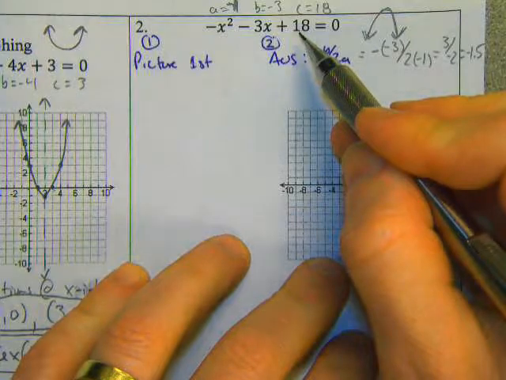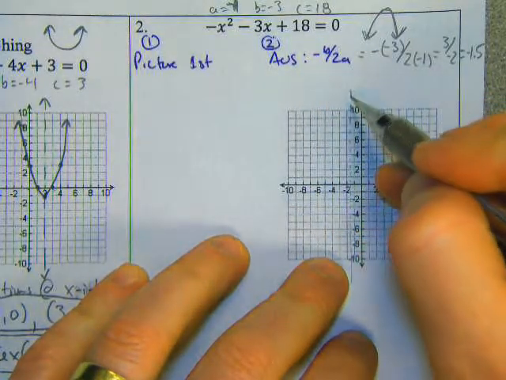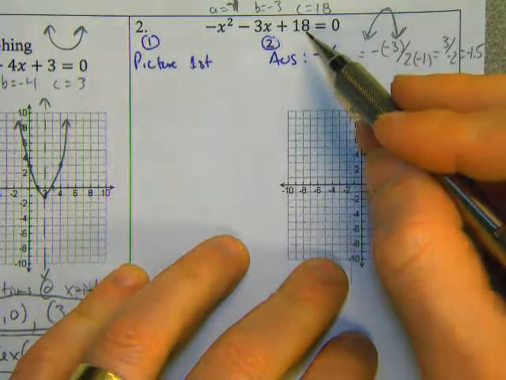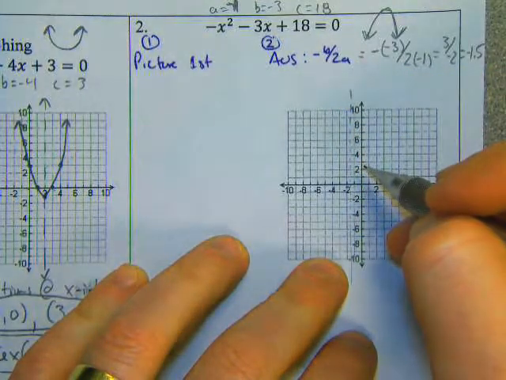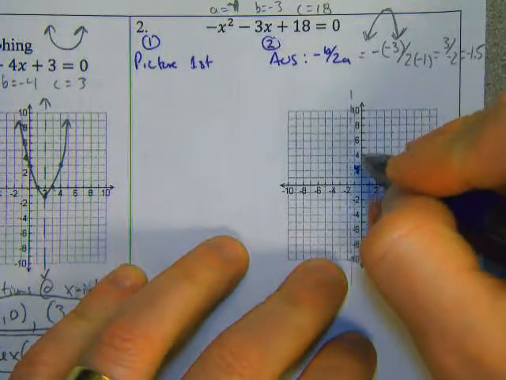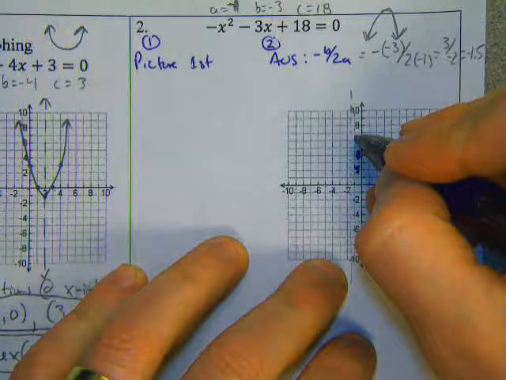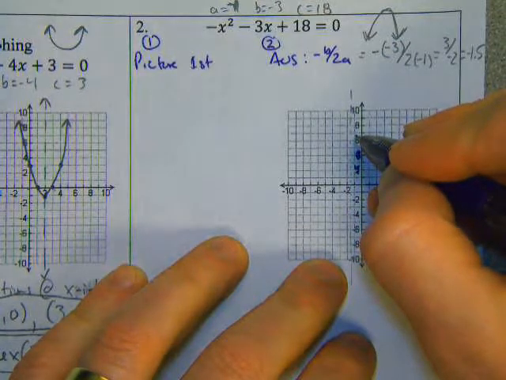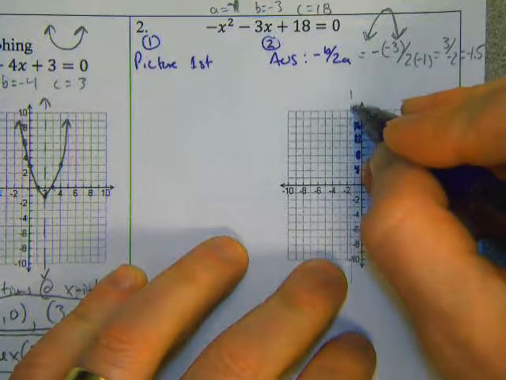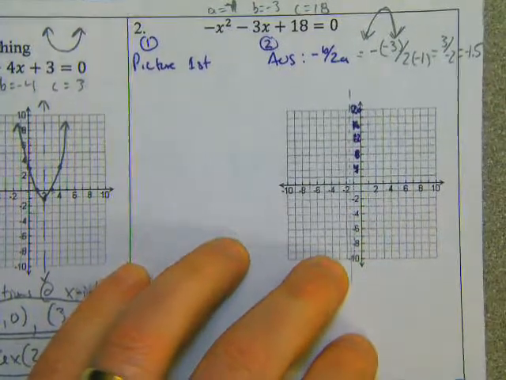C is going to be 18, so if this thing's going to go down, C is 18, that's the y-intercept. So what I did was I changed this to 4, this to 8, this to 12, I just doubled it, 16, and 20.